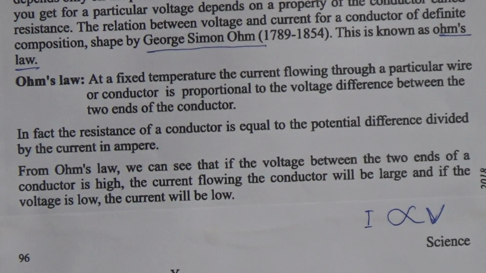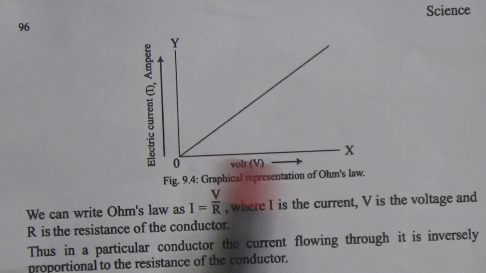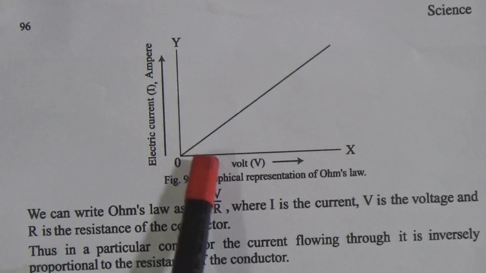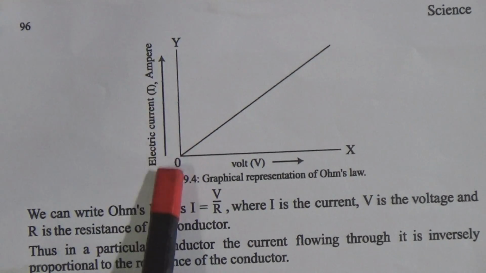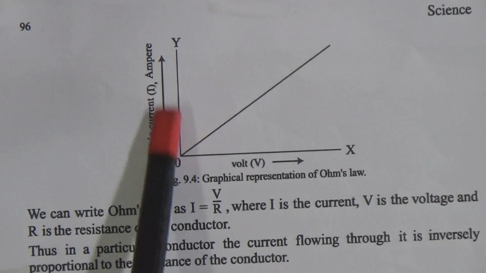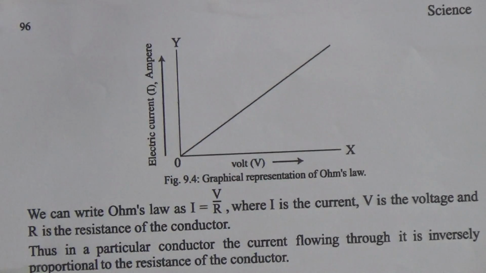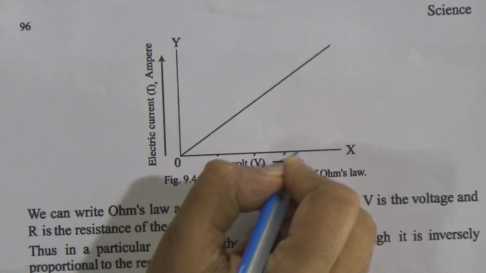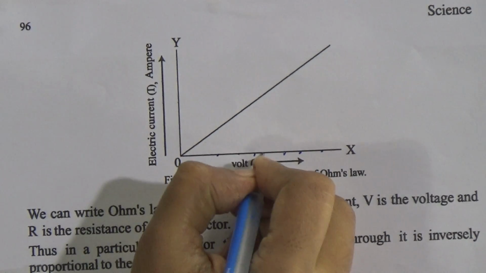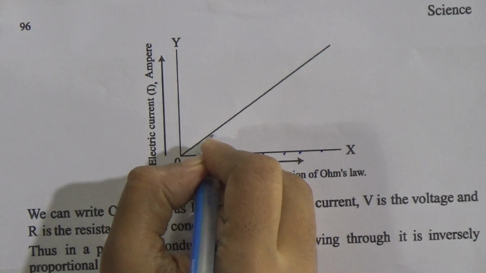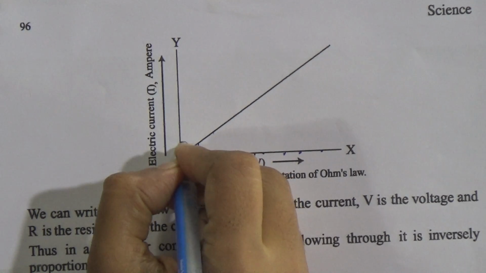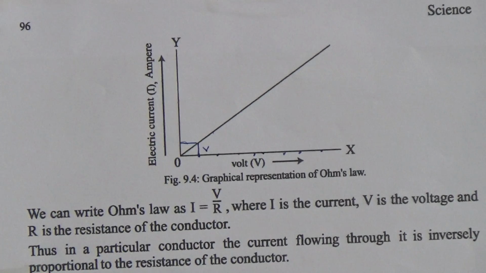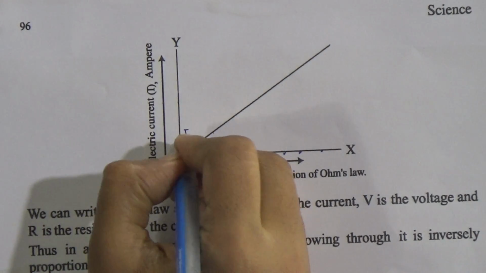Look at this graph. The horizontal line shows the volt, that means V, and the vertical line shows the electric current or current flow, that is I. When the value of V is less, at that time the value of I is also less.